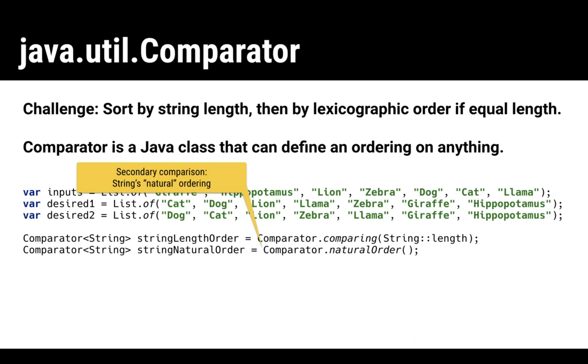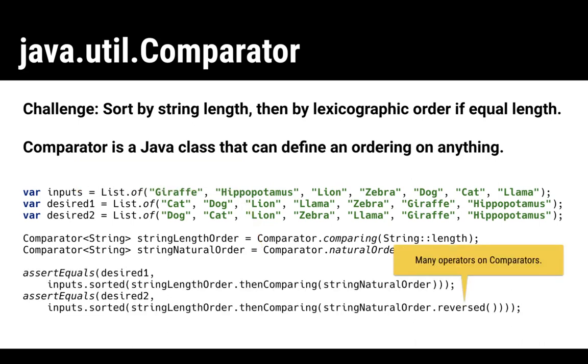So far, so good. Here's where the fun happens. We have all these operations that allow us to combine the comparators. So in the first assertEquals, you'll see that I'm saying sort the inputs by the string length order, then the string natural order. So string length order, and then if they're equal, then compare by the string natural order. So this thenComparing method lets me combine two comparators, and it returns another comparator.